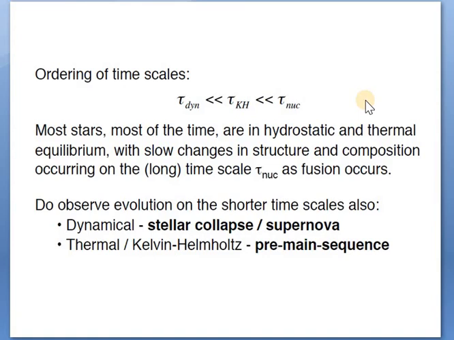However, do remember that certain important phases of stars happen on much shorter time scales, like stellar collapse or supernova for the dynamical time scale, and for the thermal one, the pre-main sequence.